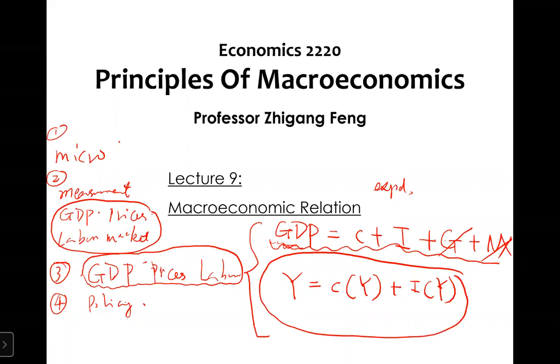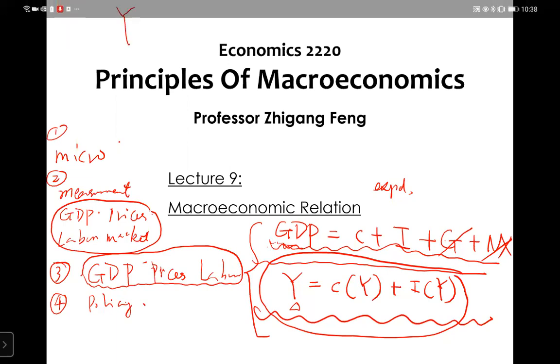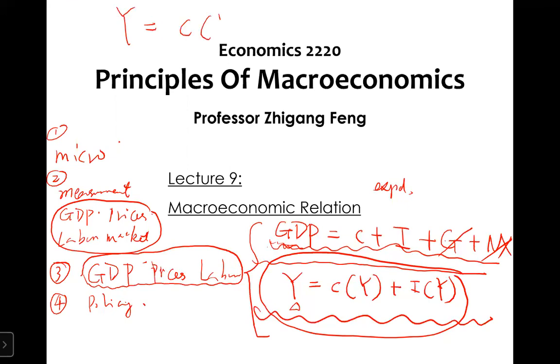From simple algebra, you're going to see that you have one equation and one unknown. What is unknown? The unknown is Y. Once we understand this equation, you're going to see we have our tricks to determine Y, right? Let me copy the equation here. Y equals C of Y plus I of Y.